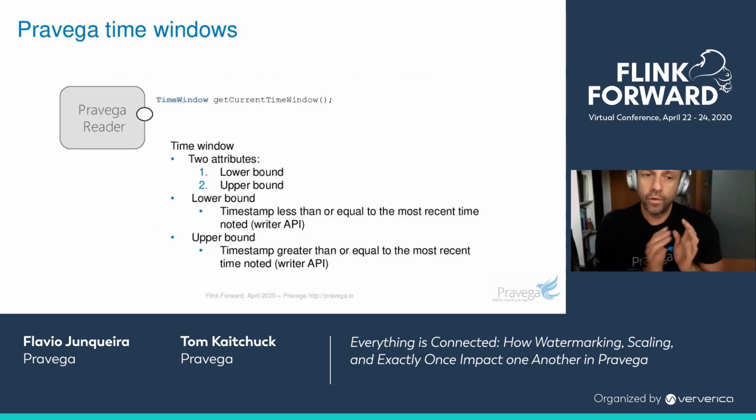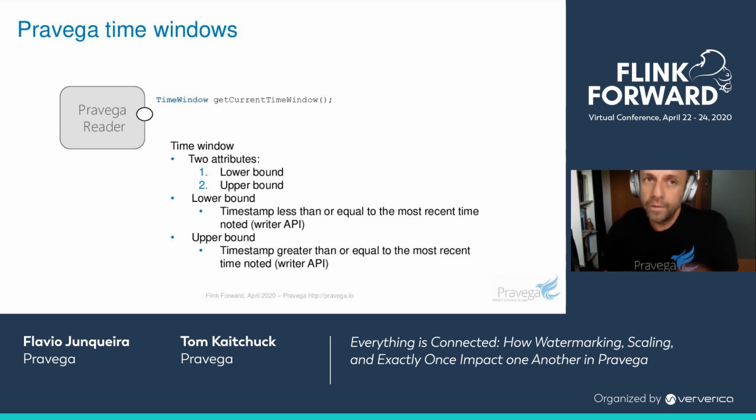Now for watermarks, we expose an API that enables the application, in this case the Flink connector, to get the current time window. The time window has 2 attributes, a lower bound and an upper bound.